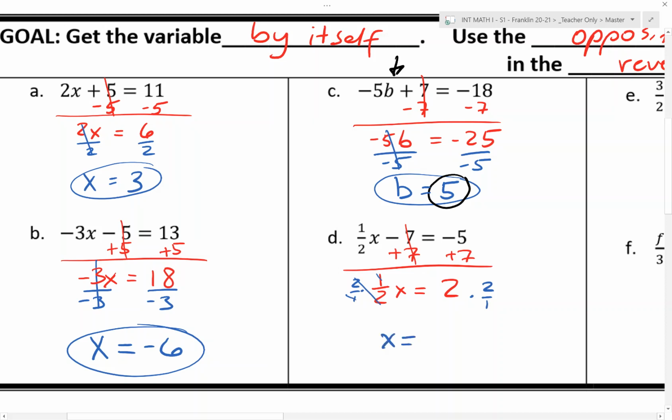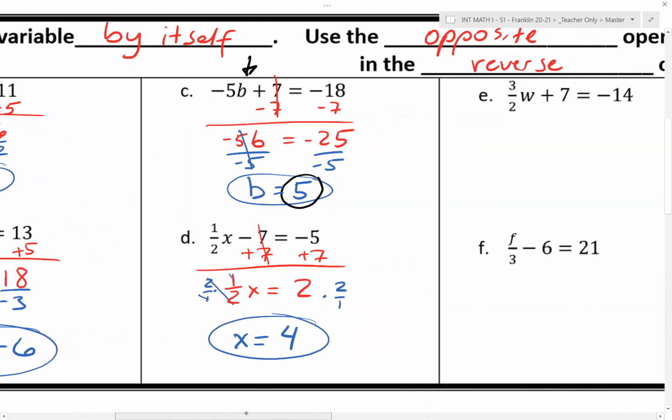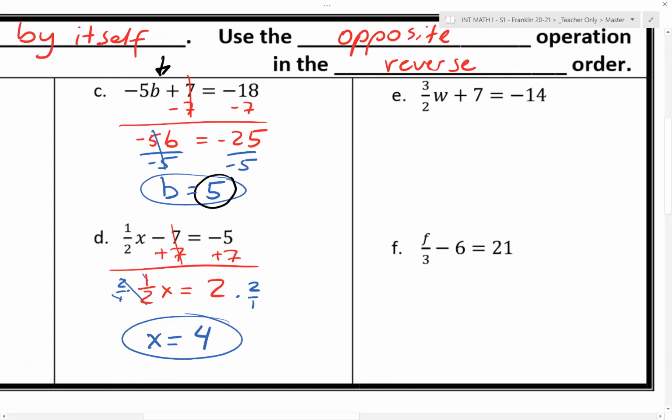So we get x here equals, and 2 times 2 is 4, divided by 1, still 4. So the answer there is 4. And again, you can check that by plugging this in. 1/2 times 4, well, half of 4 is 2, and then 2 minus 7 is negative 5. So we did that correctly.